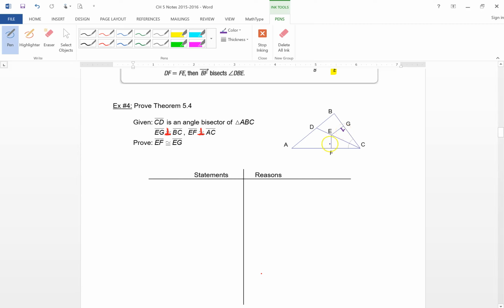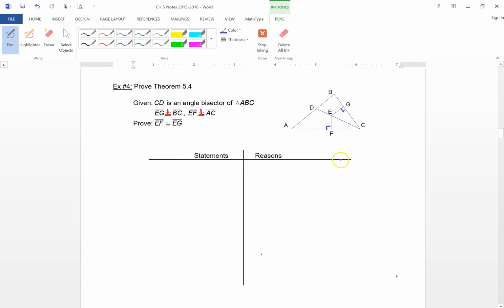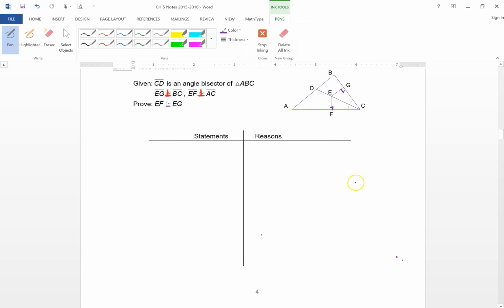EF is perpendicular to AC here. All right? We need to prove that EF and EG are congruent to each other. Let me do this on the inside too. All right, so since we know that it's an angle bisector, we know that those two angles are congruent, right?